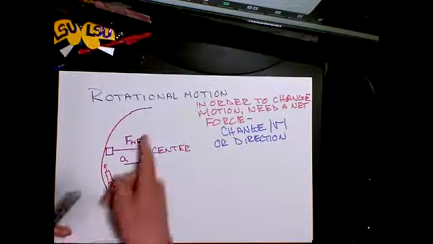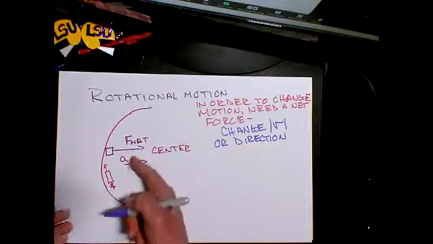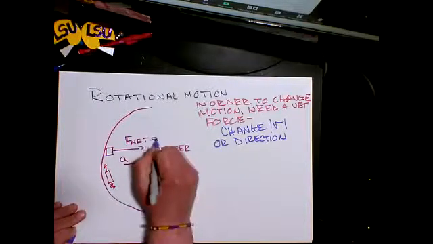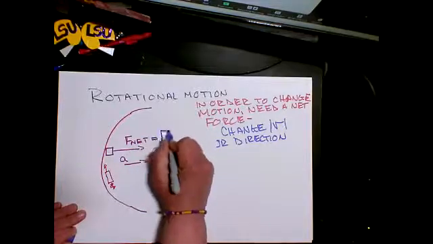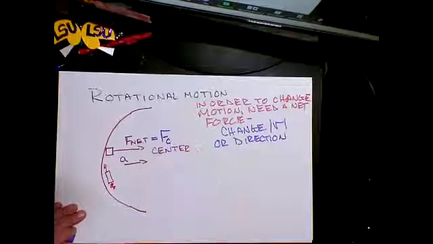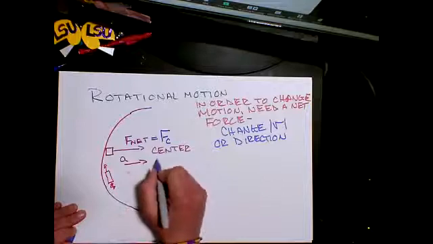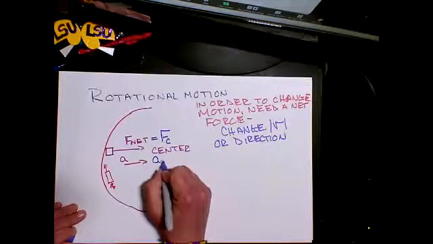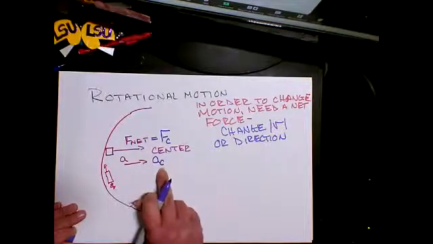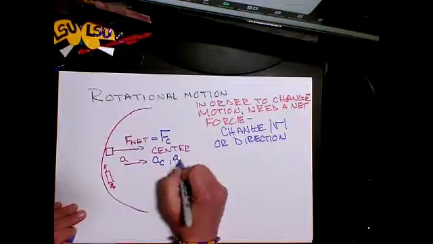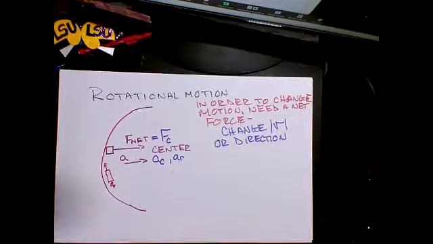Now, you'll see these things labeled different ways, and one of the ways that you'll see the net force labeled is like force center. And acceleration, depending on who's writing it, is either going to be a center-seeking acceleration or radial acceleration. You can see it written either of those two ways, and for our purposes, they both mean the exact same thing.